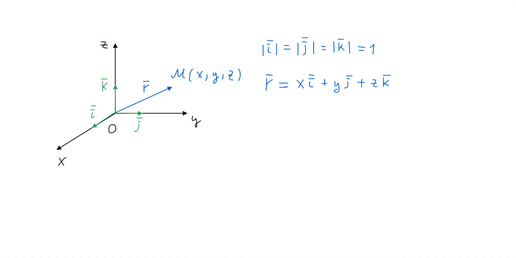It can be defined by the Pythagorean theorem. In this way: r without the line above it is equal to the absolute value, and it is equal to the square root of x squared plus y squared plus z squared.